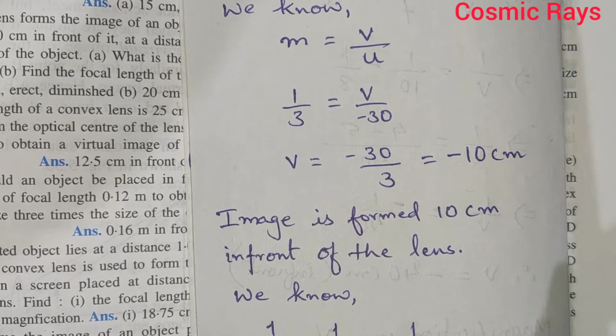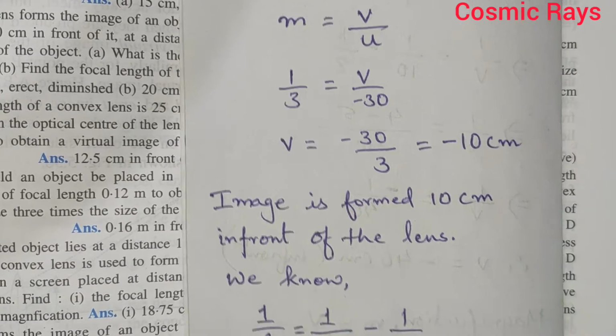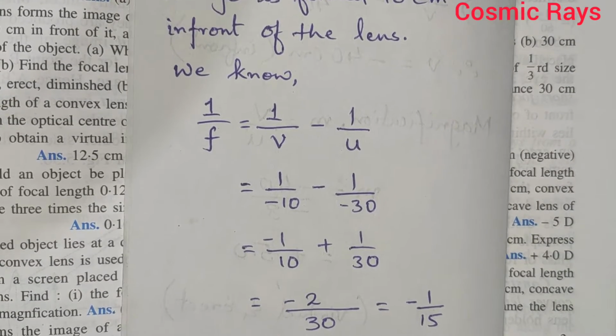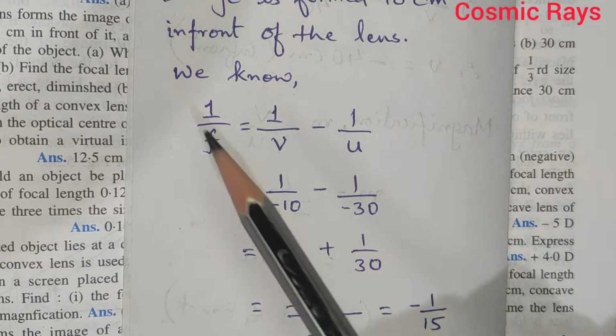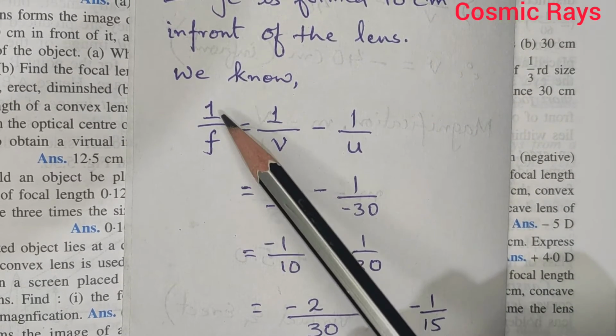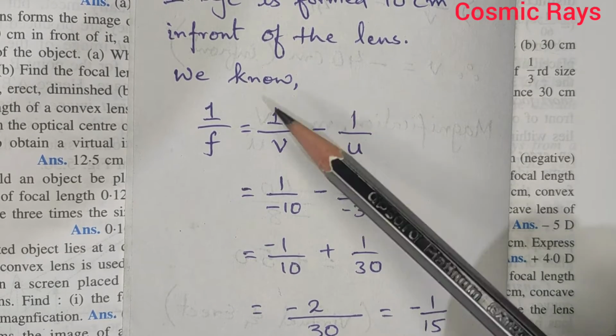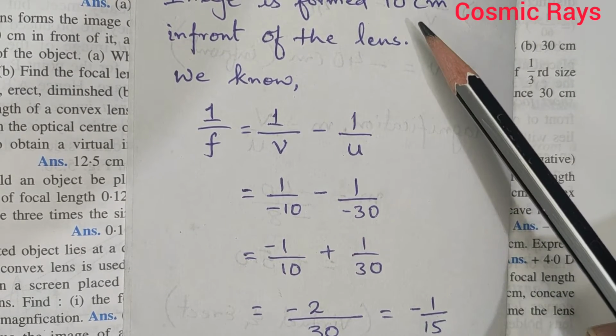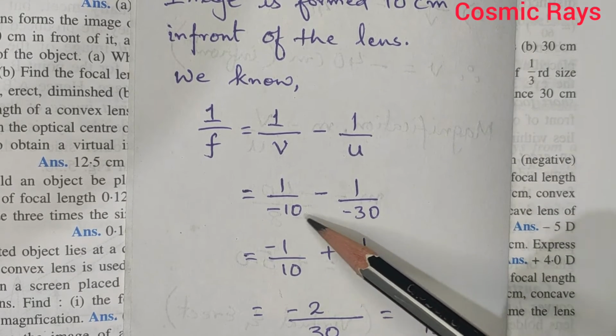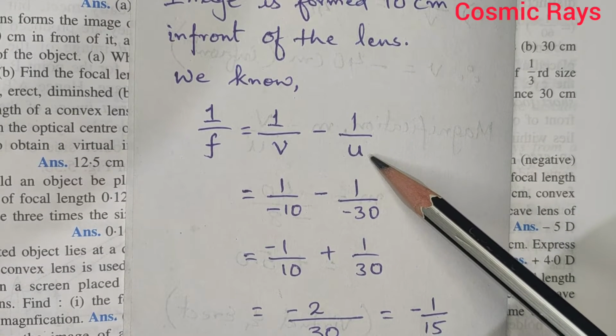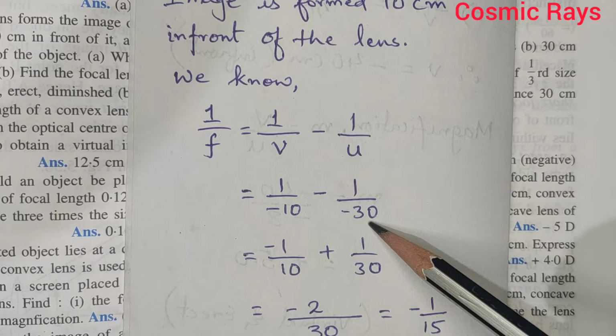The second part, we have to find the focal length. So here we use the lens formula. The lens formula is 1/f is equal to 1/v minus 1/u. We know the value of v, we have already calculated above, that is minus 10, and the value of u is given in the question, that is minus 30.